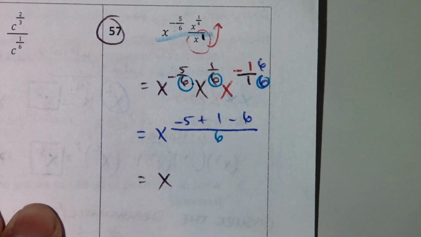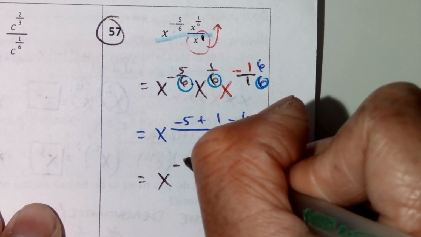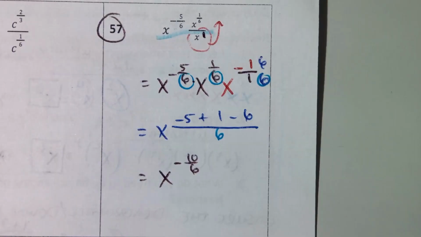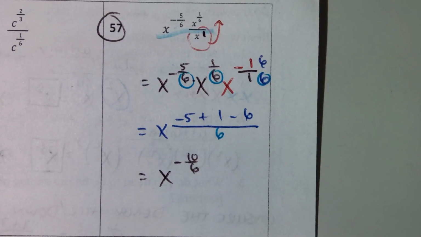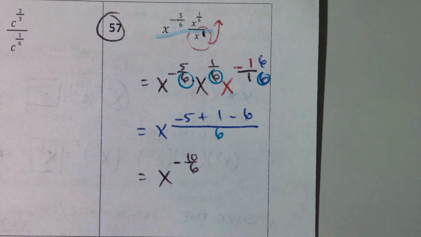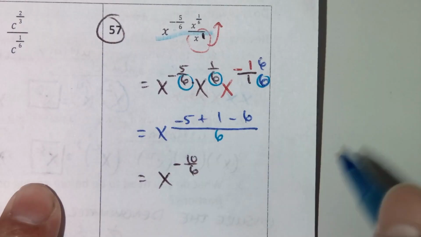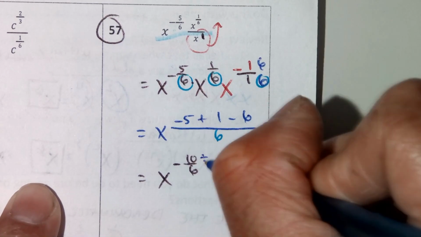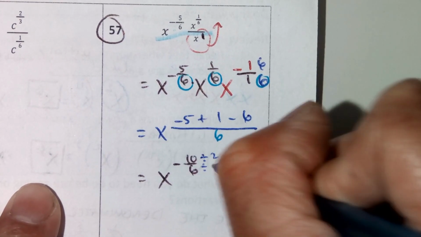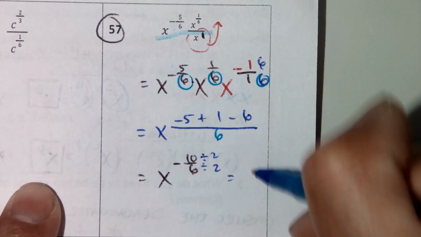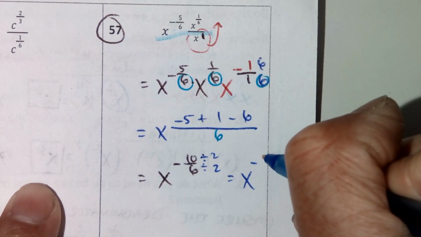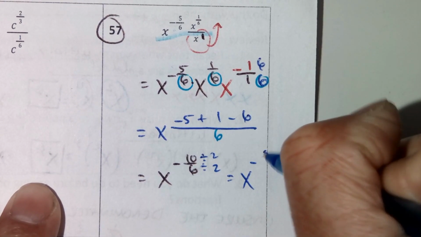Okay, so I have negative 5 plus 1 is negative 4, negative 4 minus 6 is negative 10. Negative 10/6. So here you're going to do a couple of things. You've got to get rid of the negative. And you might need to reduce the fraction. So they're both even. You can divide by 2 there. And we will get x to the negative 5 thirds.